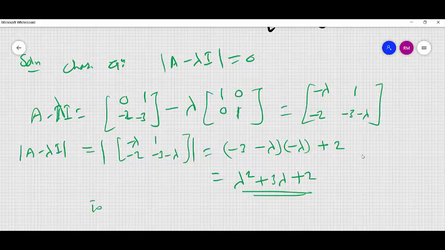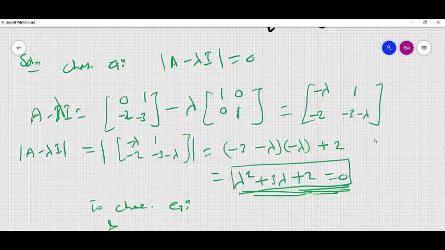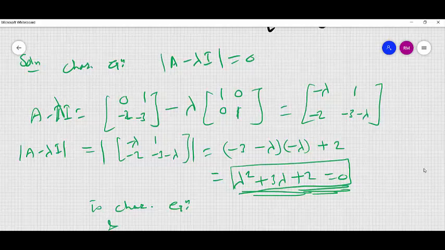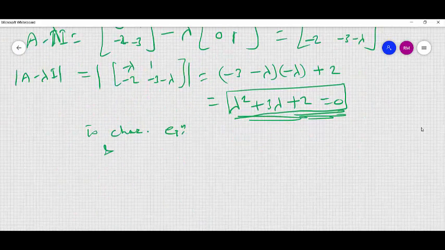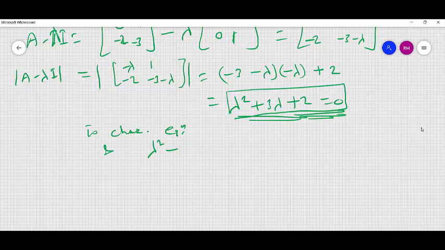Equating this to 0, we get what is called the characteristic equation. And what is the characteristic polynomial? Lambda square plus 3 lambda plus 2 is the characteristic polynomial of A.